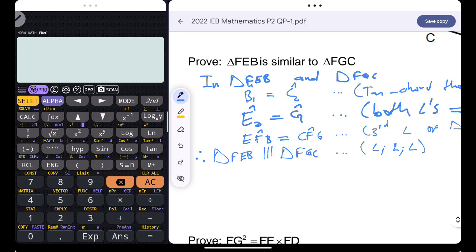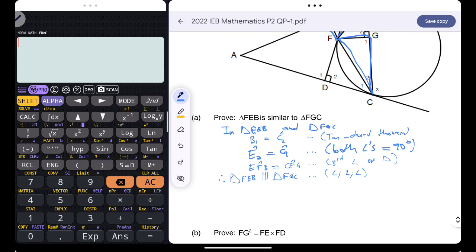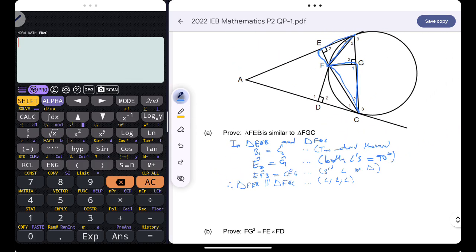But guys, please note, the theorem does not end there. It simply says that when two triangles are equiangular, then the two triangles are similar, and hence the corresponding sides are in the same proportion. What are corresponding sides? Corresponding sides are sides which subtend equal angles.